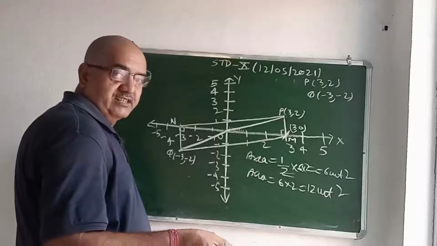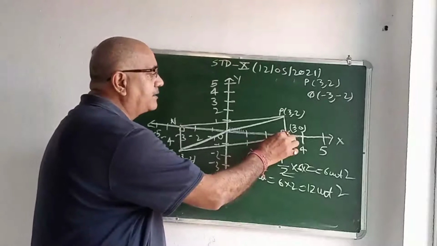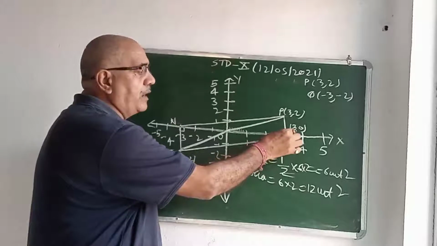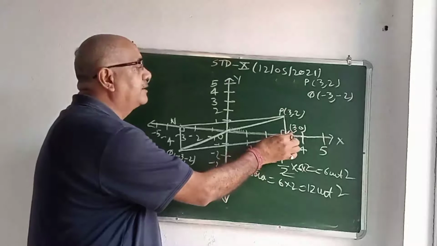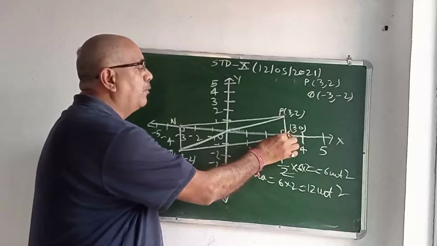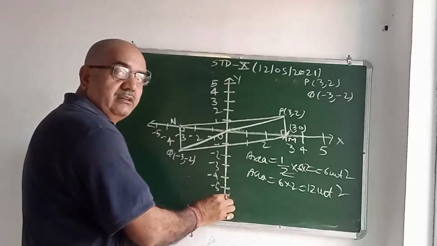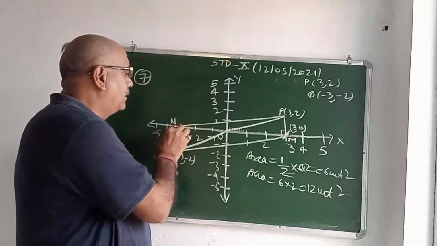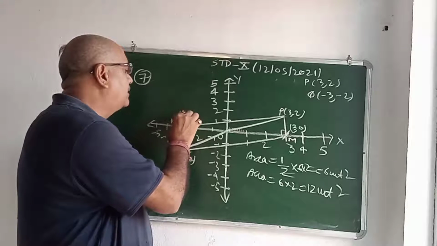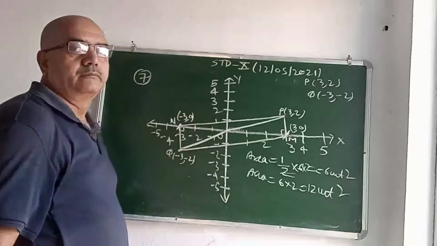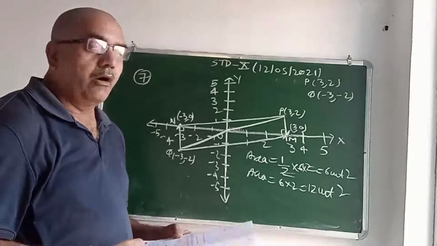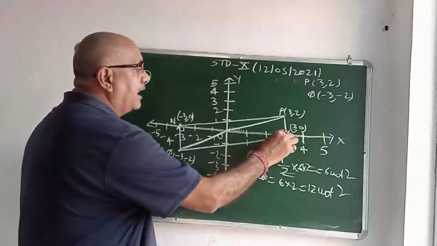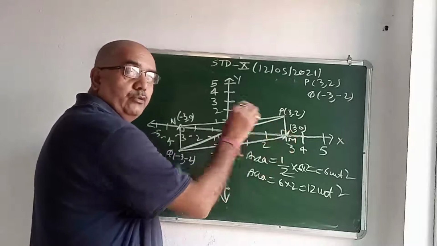Now M is reflected on the y-axis. This invariant point (3, 0), M, is reflected on the y-axis. This is the y-axis, right? So the image will come here. What is the coordinate? The coordinate will be (-3, 0). Now M reflected through origin.